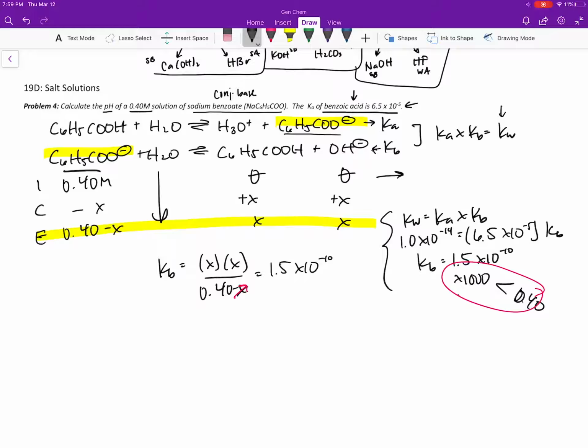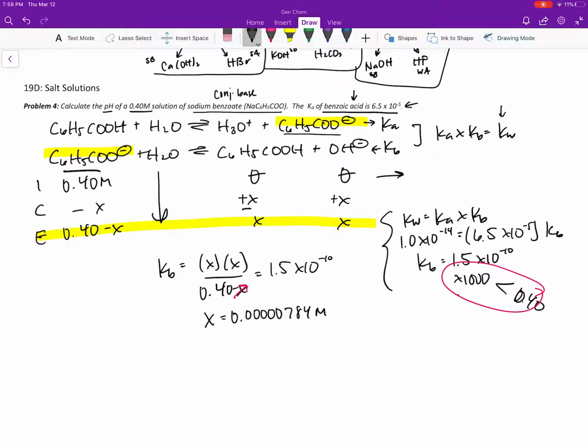And we're going to see most of the time that we can ignore that minus x. Not always, but usually. So I'm going to multiply 0.4 to both sides, take the square root, and that leaves me with an x value of 0.00000784 molar, with 5 zeros after the decimal place. So a very small amount is what x is equal to.